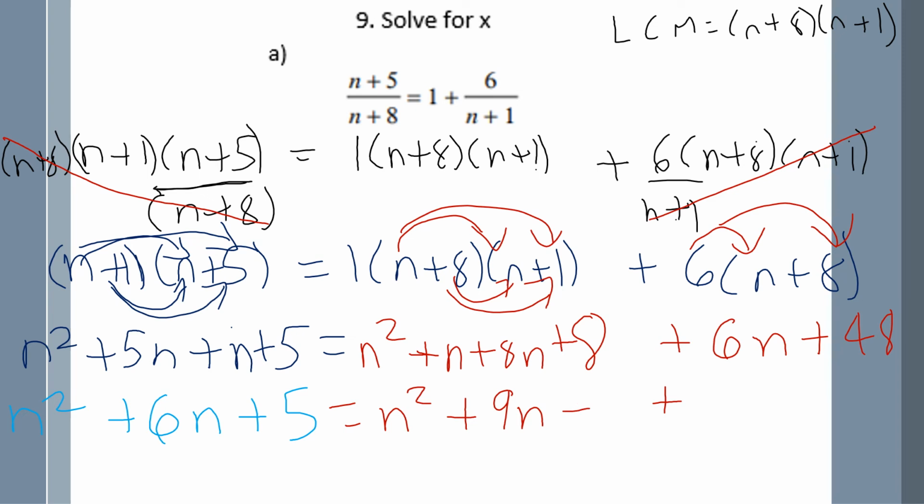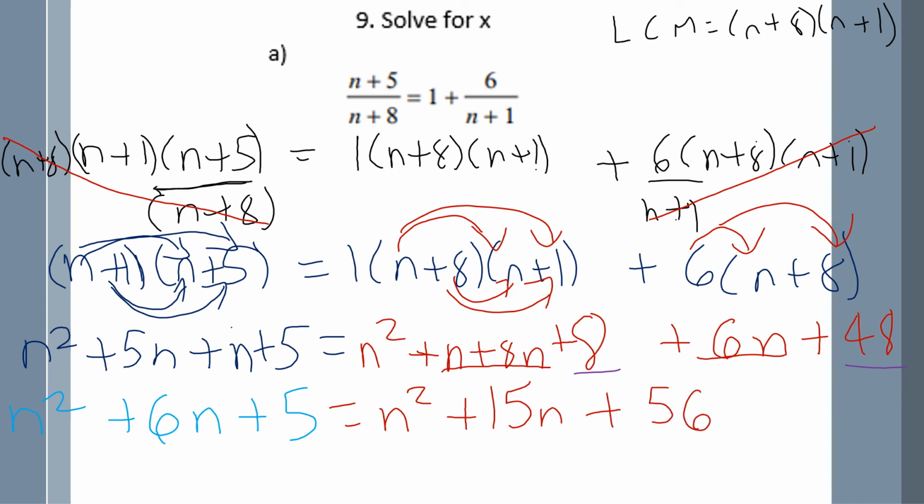So 9n plus 6n is going to be 15n. All right, 8 plus 48, that's my other like term, is going to be plus 56.